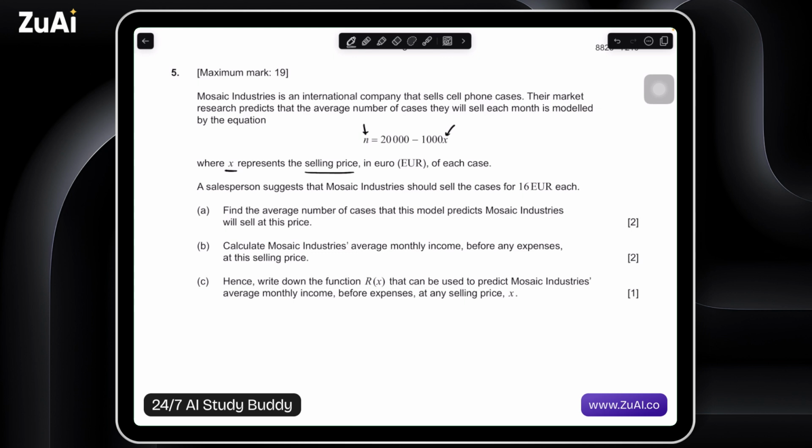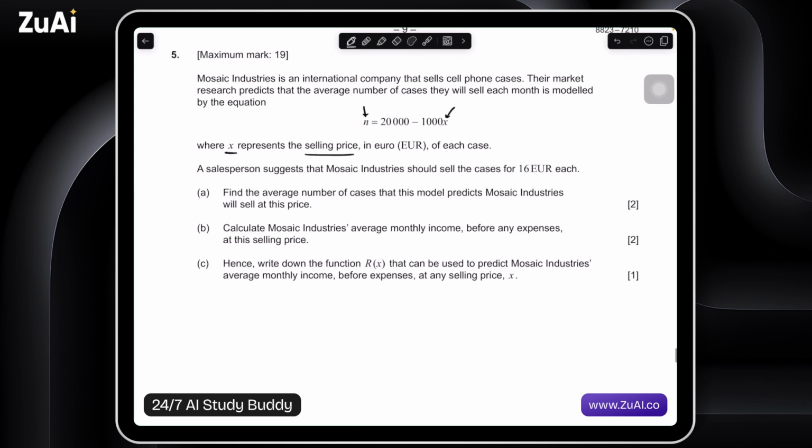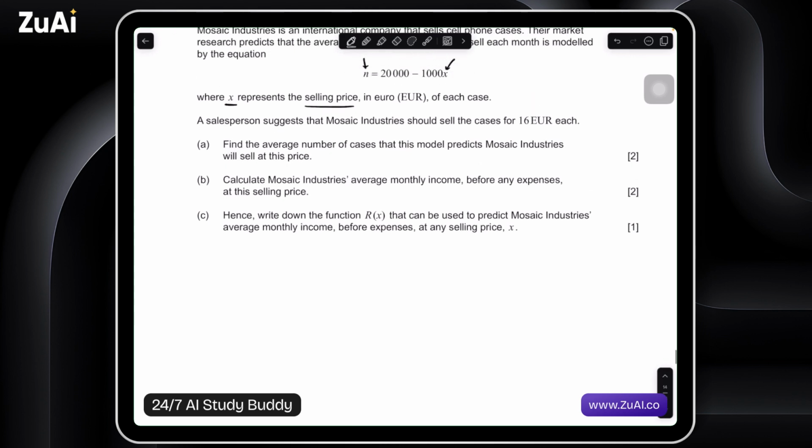A salesperson suggests that Mosaic Industries should sell their cases for 16 euros each. Find the average number of cases this model predicts Mosaic Industries will sell. So let's work this out. The number of cases is given by 20,000 minus 1,000 times the price per case.